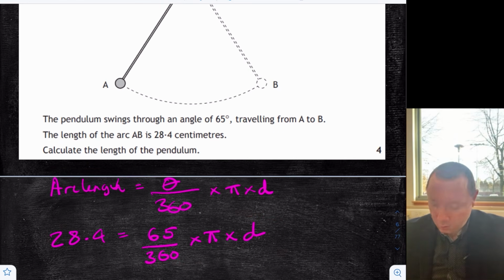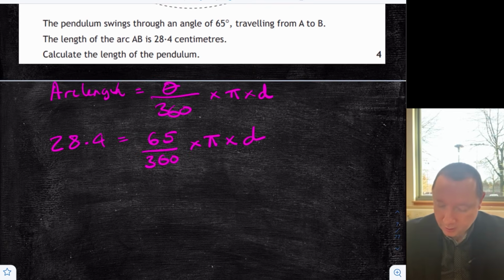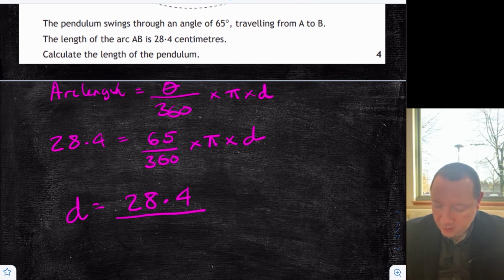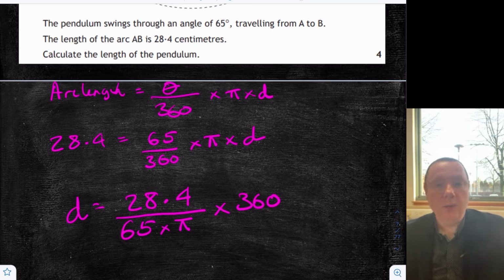So for going backwards, I'll do the opposite, which means I'll times by 360 and divide by everything else. So I can immediately write down that D equals, starting with 28.4 for the left-hand side, I'm going to divide that by, well, everything on the top that's normally times. So 65 times pi is going to go on the bottom. Then the thing that's usually divided is 360, so I'm going to times the top by 360. And I get my D straight away that way.